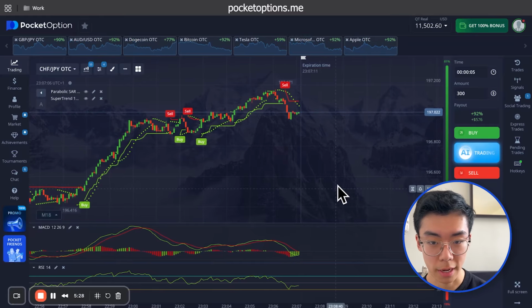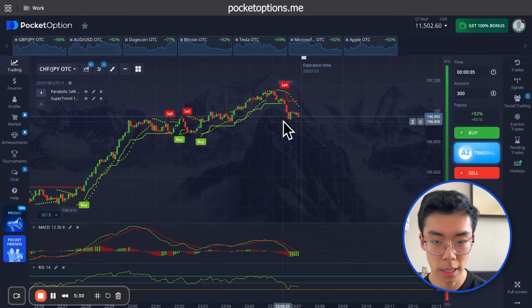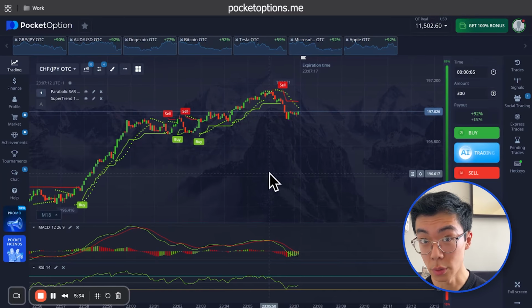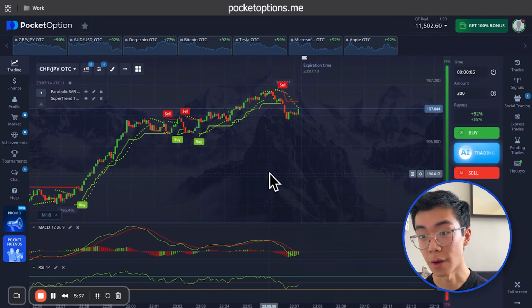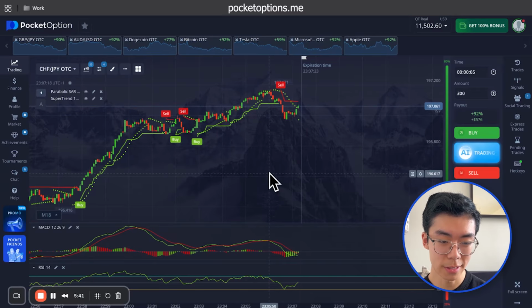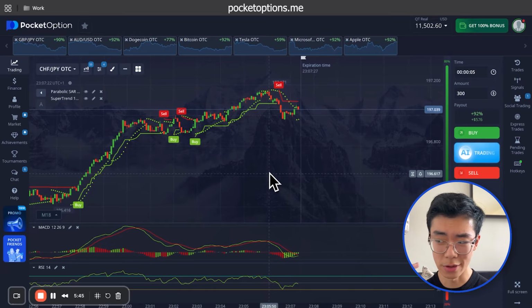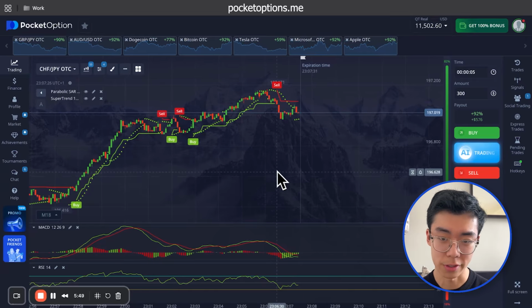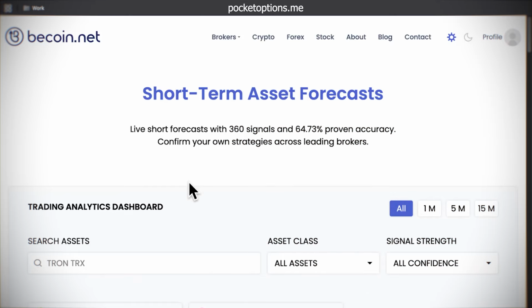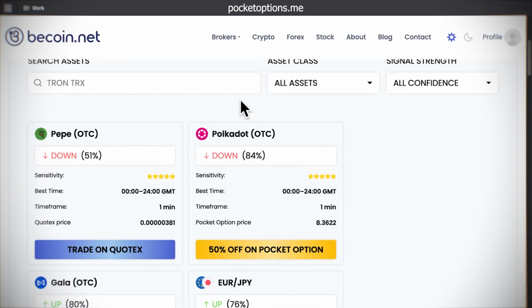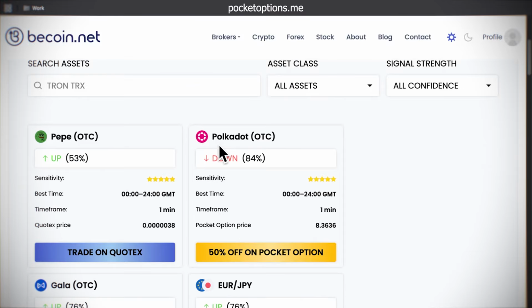And if you see any big candlesticks in any direction, there's a good chance that it'll just continue that direction, at least for the next 5 seconds, right? So this is kind of just like a dumb strategy, I guess. You just put money in, you don't even have to think really. If you see a big red candlestick, just put money in, go down. You're most likely gonna win. Okay, so pretty simple strategy, right?